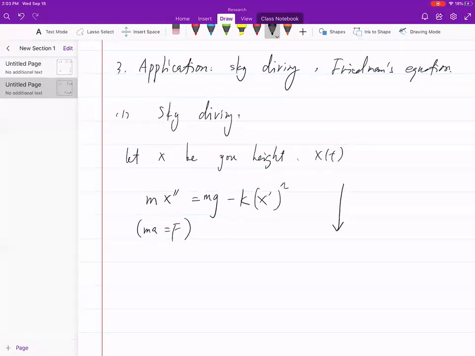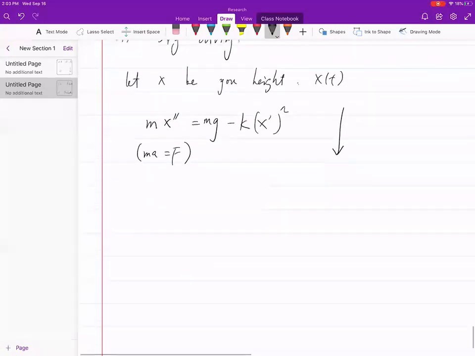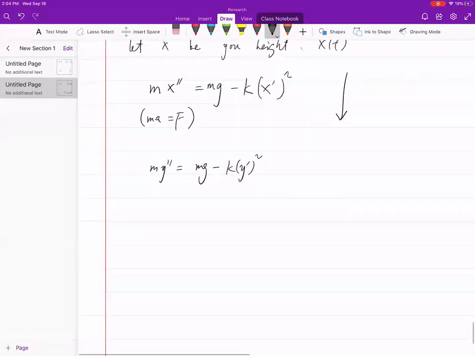Now it's settled. This is a differential equation, which involves only x. If you don't feel comfortable, you can change it to y. Now it looks better. Okay. Now we want to solve it. How do we do that?